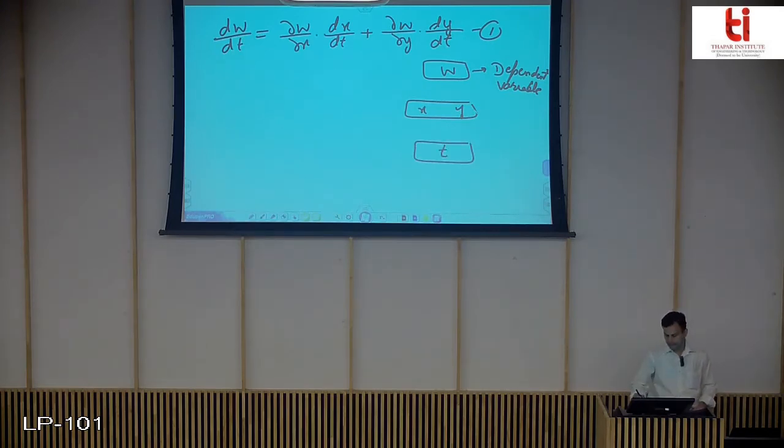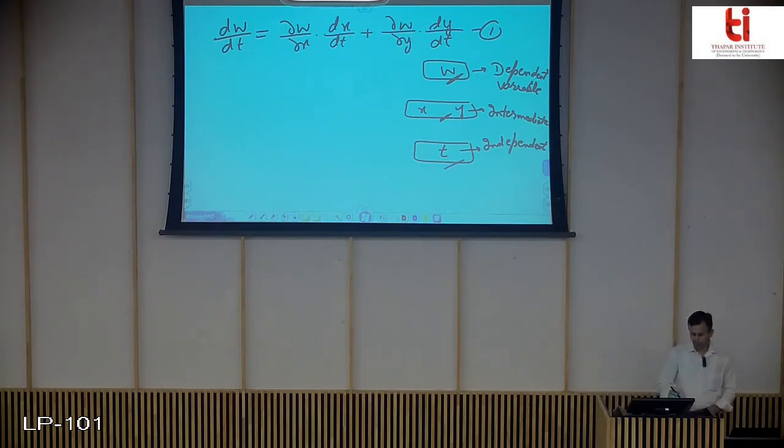So x and y, we call these intermediate variables. And finally t, we call this the independent variable. So now w is dependent, x and y are intermediate, and then t is your independent variable.